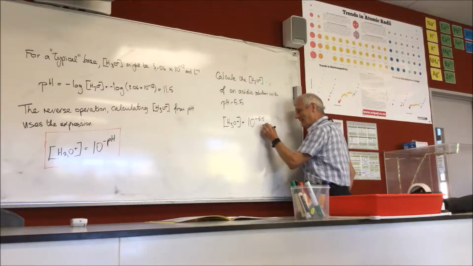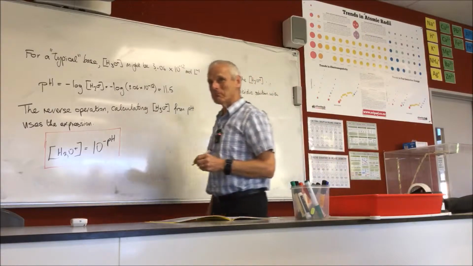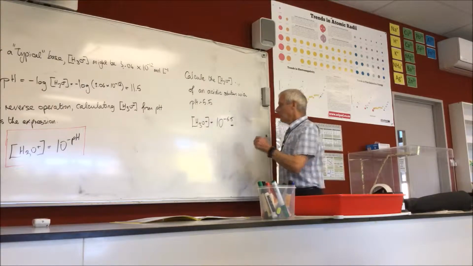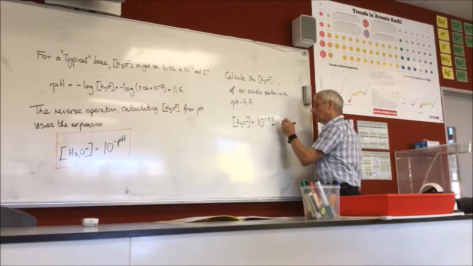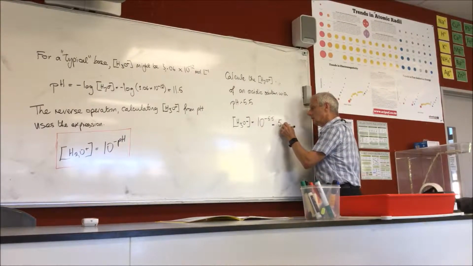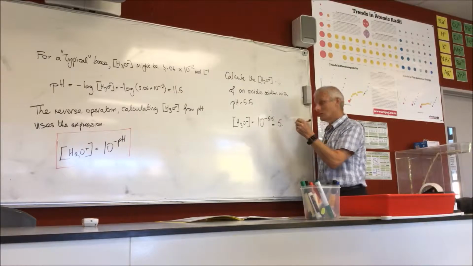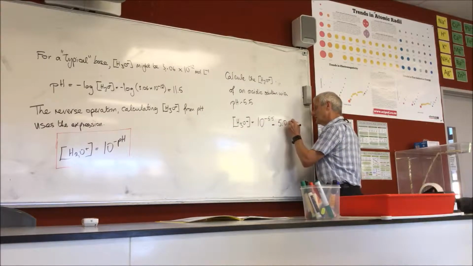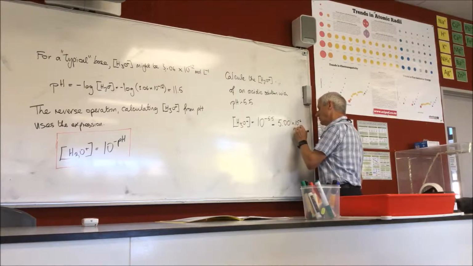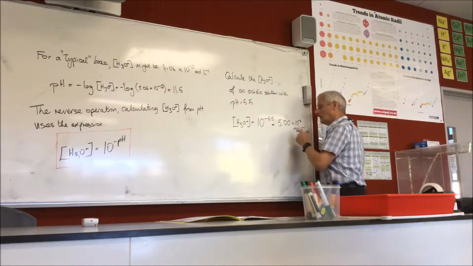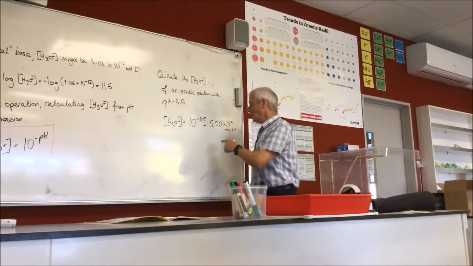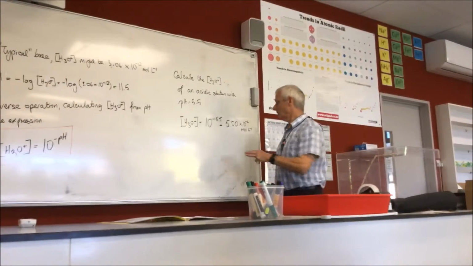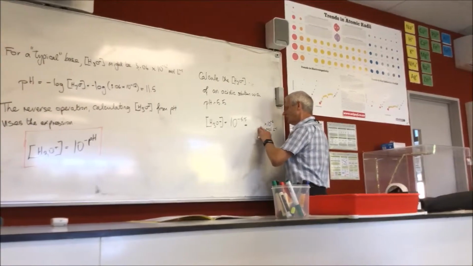Now we're going to write that in standard form. 3.5 did you say? 5. 5 point anything? And you need to put the units in, which won't mean anything. And also do it to 2 places here. 3.16.